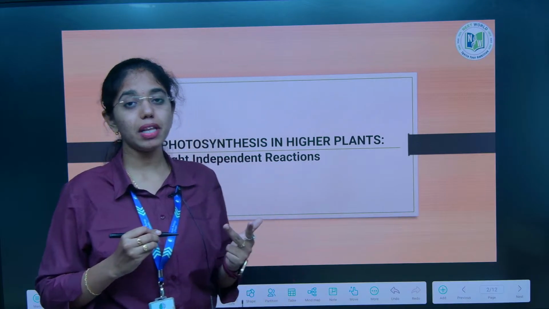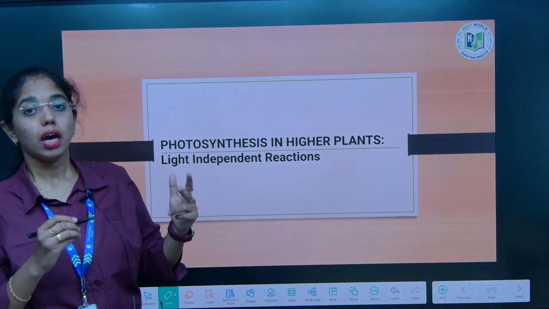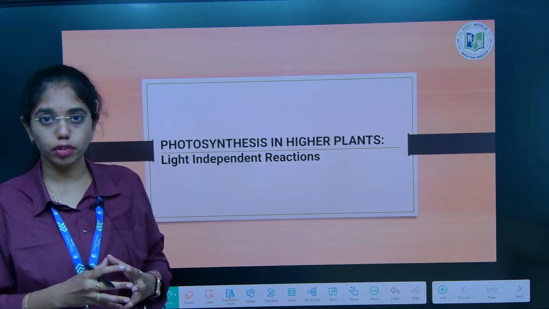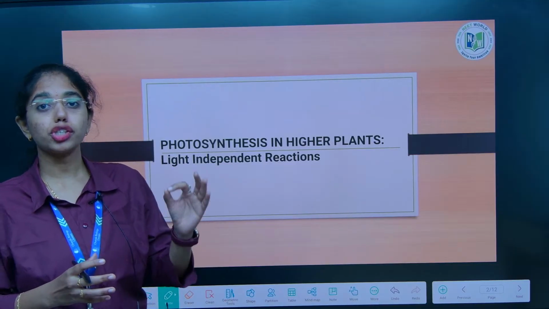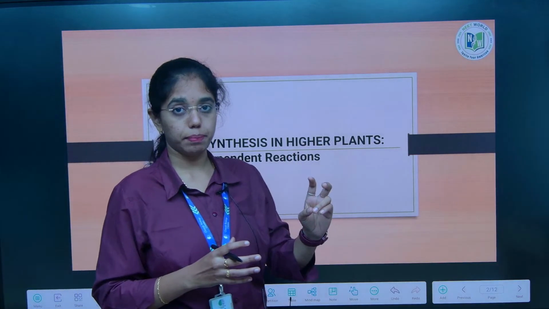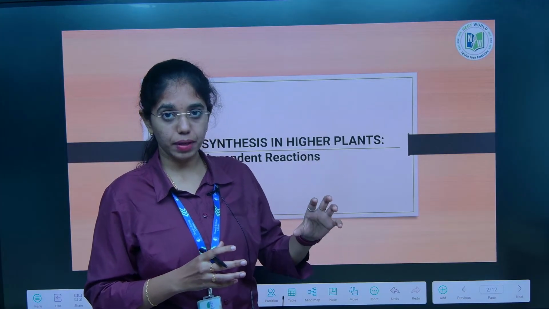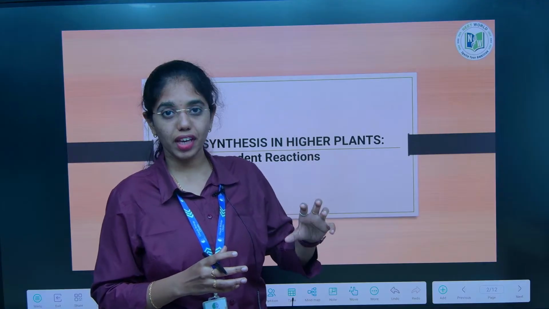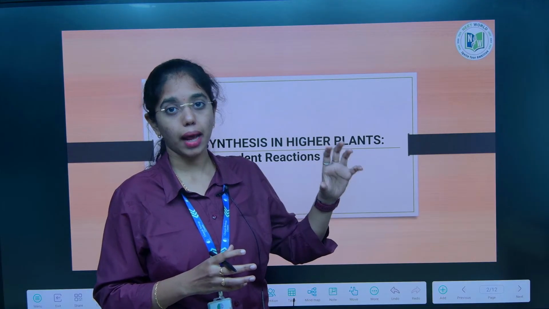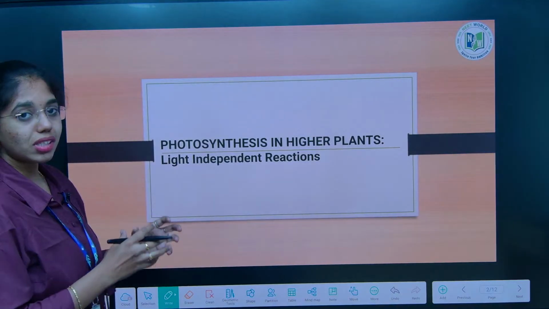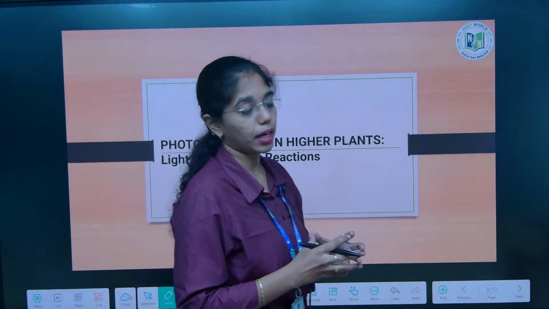Third, creating assimilatory power in the stroma of the chloroplast, that is formation of ATP and NADPH. Now, utilizing this ATP and NADPH, glucose is fixed from carbon dioxide. Okay? By using the assimilatory power, glucose is fixed from carbon dioxide.